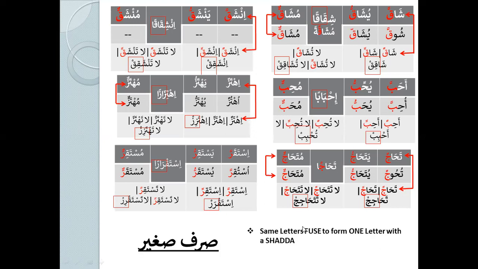You can summarize it: same letters fuse to form one letter with a shadda. Then there are three versions of fail nahi and fail amr. These two things happen in all the families. And apart from that, we see the uniformity of fail madi and fail amr, and sometimes ism fail and ism maful also look the same.